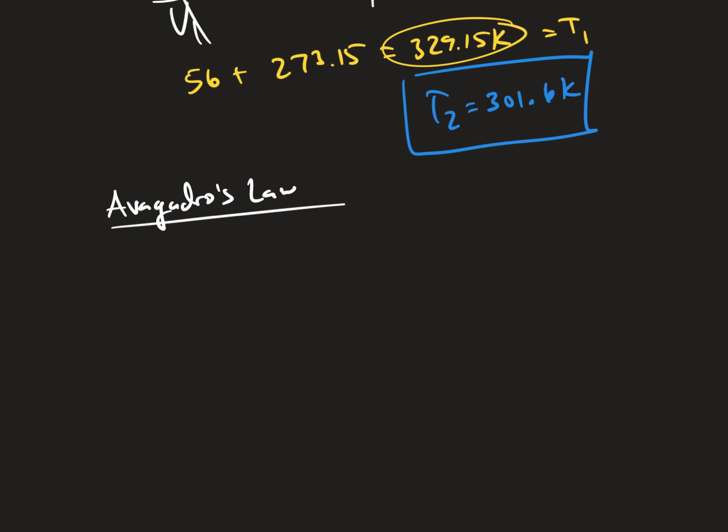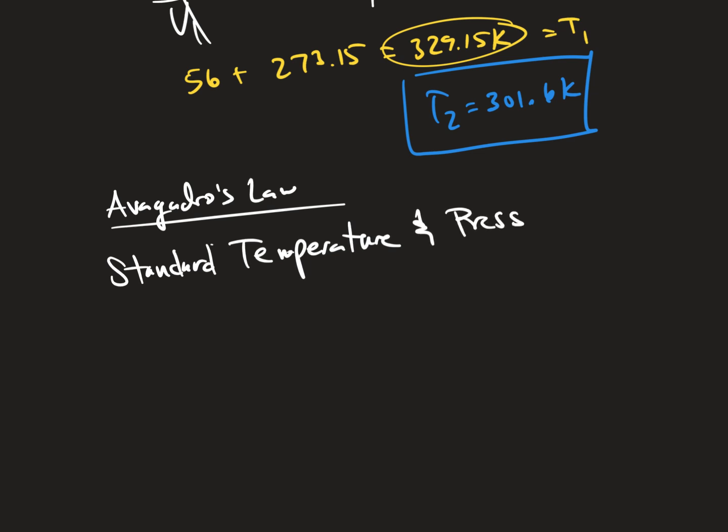And so if we have a standard temperature and pressure, often just called STP, then we have a conversion factor. We can go from moles to liters, moles to volume.